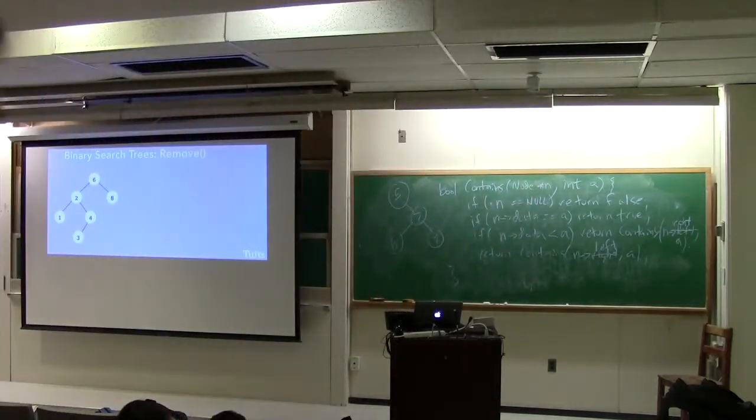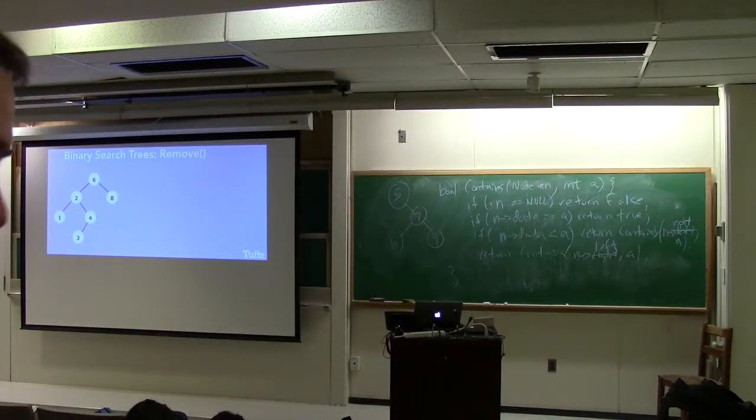What are you thinking? Well, I'm thinking more of a 2 standpoint. Like, if you were removing 6, 6 would point to 4, 4 would have to point to 1. Be a little careful. When you say point to, make sure you say left or right, because you can't just say point.